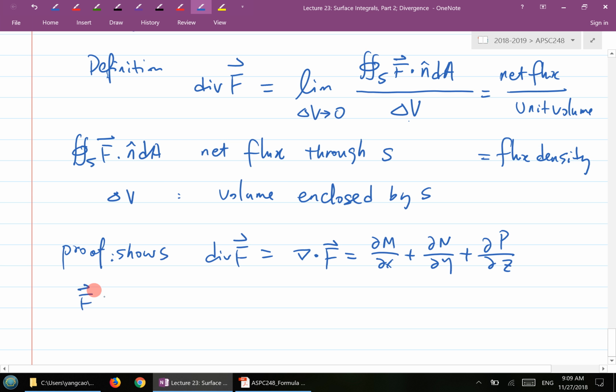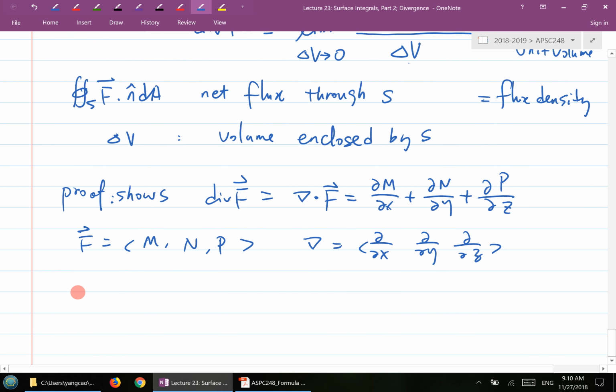So F here is a vector field M, N, P, a general vector field that has 3 components. And del here, as you recall, is basically the operator, and that's partial over partial x, and partial over partial y, and partial over partial z, right? That's the operator. And we have used this del operator so far in 3 different kinds of situations, right?